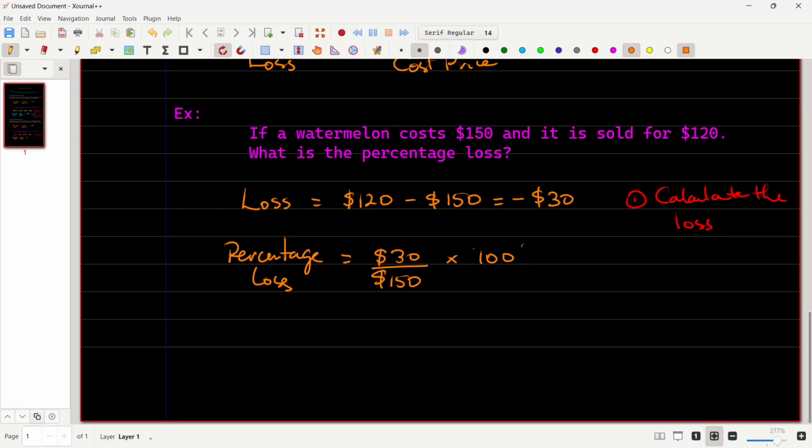Let's look at this now. The 0 cancels with a 0 here. 15 into 15, 1. 15 into 30, 2. And 2 by 10 is going to give me 20. So I'm saying 20%. And again, what I'm doing here is calculating the percent loss.